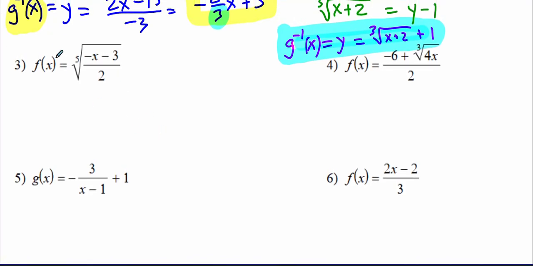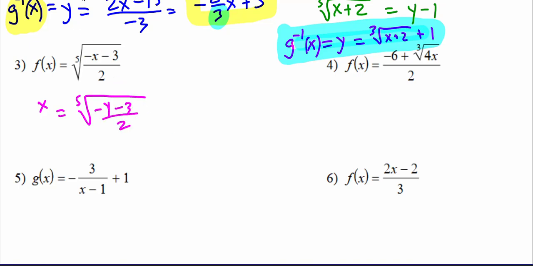So looking at this, this is some kind of fifth root function. So this is y equals. I'm going to, in one step, rename this and move the x's and y's. So this is x equals the fifth root, and what's in here is negative y minus 3 divided by 2.